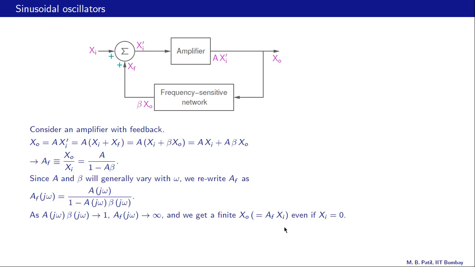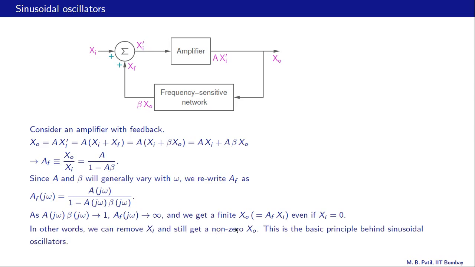So we are getting an output even without supplying an input. In other words, we can remove xi, so this part can be removed altogether, and still get a non-zero xo. And that is the basic principle behind sinusoidal oscillators. What is the condition for oscillation? We should remember that A times beta at the frequency of oscillation should be equal to 1.